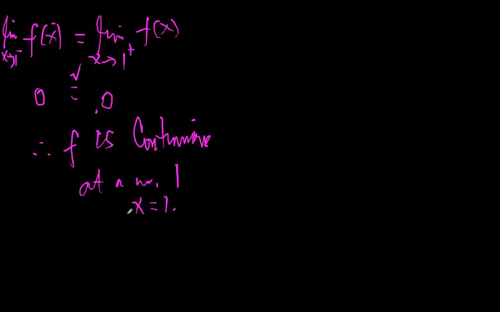Okay, so continuous. And the question here is, how about differentiability of the given function? Can we now say that the given function is also differentiable? Okay, now based on the theorem, let's review the theorem again. So we have differentiability implies continuity.